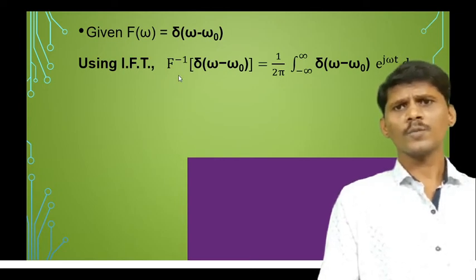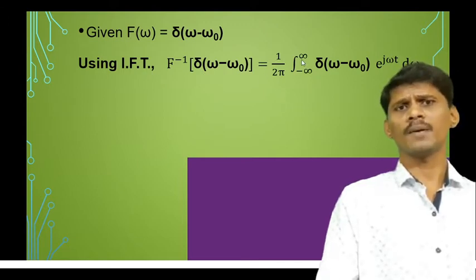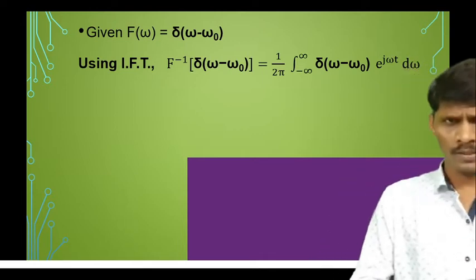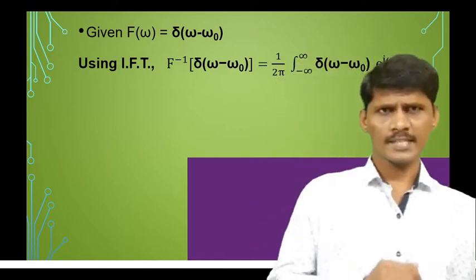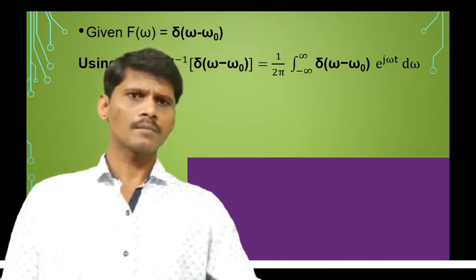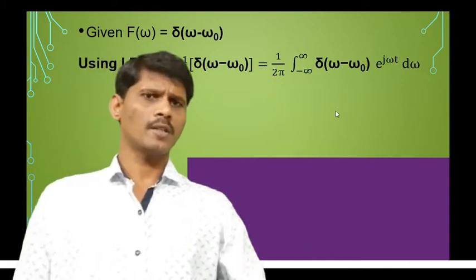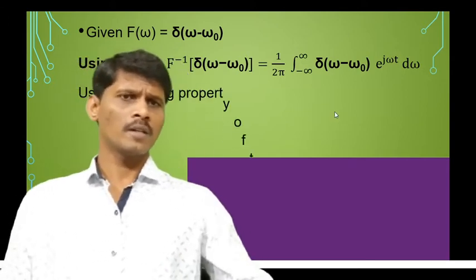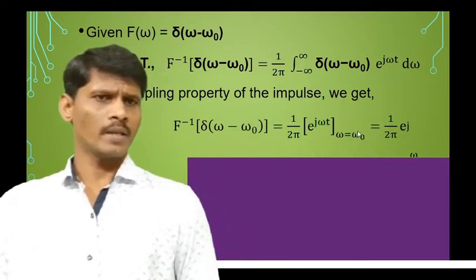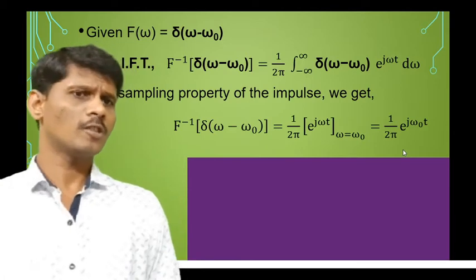Using the inverse Fourier transform definition, F inverse of δ(ω − ω0) is equal to 1 by 2π integral from minus infinity to infinity of δ(ω − ω0) e^{jωt} dω. Now the impulse function exists at ω equal to ω0. Using the shifting property of the delta function, F inverse of δ(ω − ω0) is equal to 1 by 2π e^{jωt} at ω equal to ω0. Applying ω equal to ω0, that is 1 by 2π e^{jω0t}.